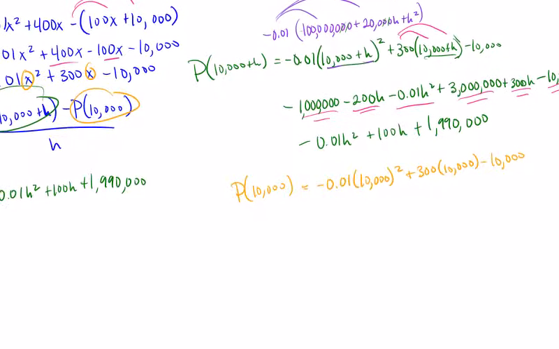All right, and so what we'll get is 10,000 squared we saw before is 100 million.